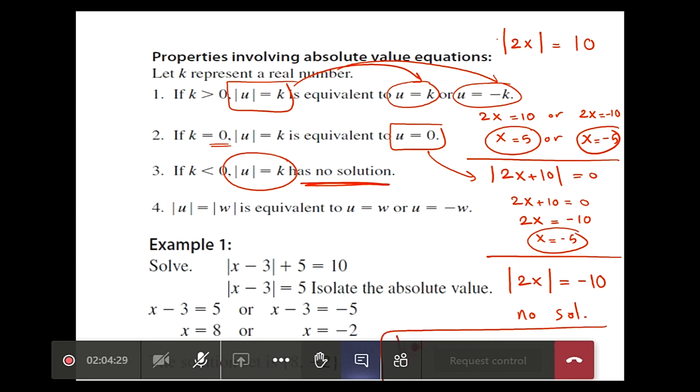For example, absolute value of minus 2x plus 1 equal 3, like this. Or without the 1, like this. Okay, solve it like this.